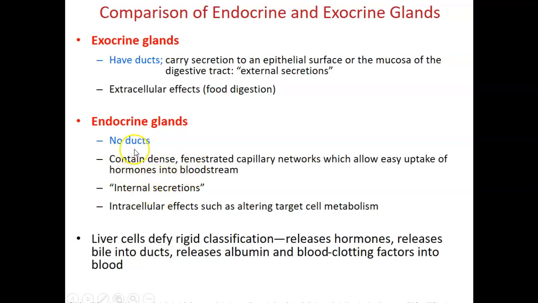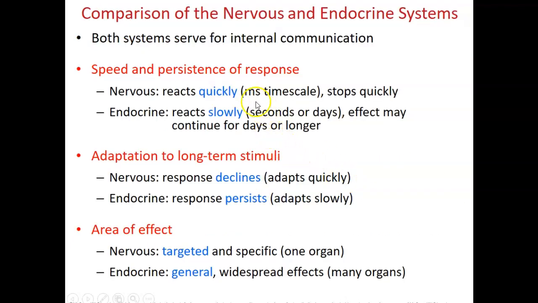Those glands secrete hormones into the bloodstream, then the blood circulation will deliver those hormones to targeted tissues. In comparison to the nervous system, the endocrine system delivers hormones for communication much more slowly. The nervous system uses the axon to deliver the signal, and it also uses neurotransmitters.